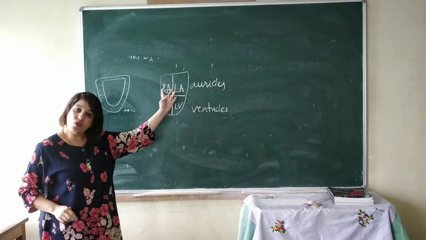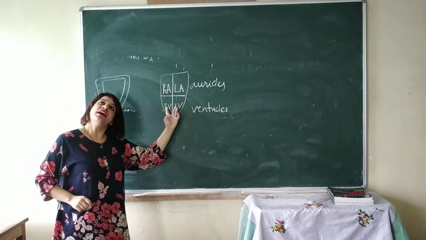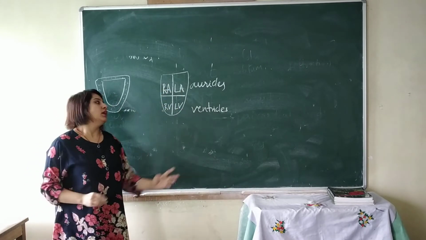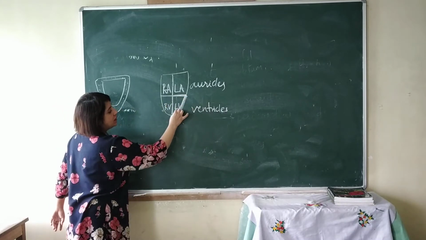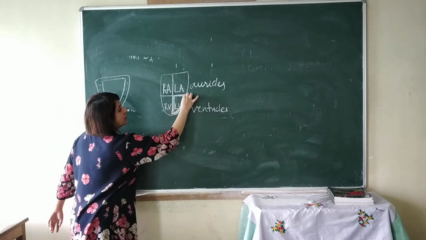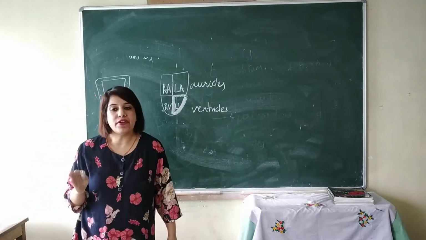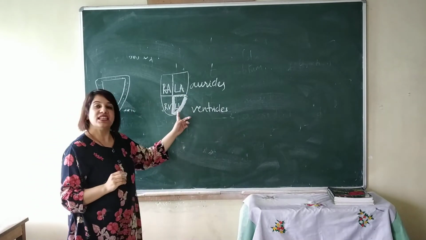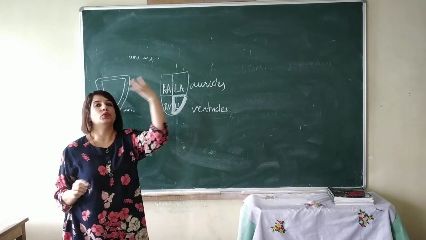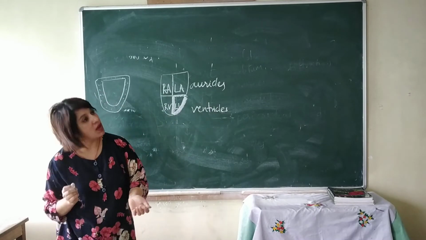Auricles have thin walls, ventricles have thicker walls. Among these, the wall of the left ventricle is very thick because it has to pump blood to all the parts of our body.